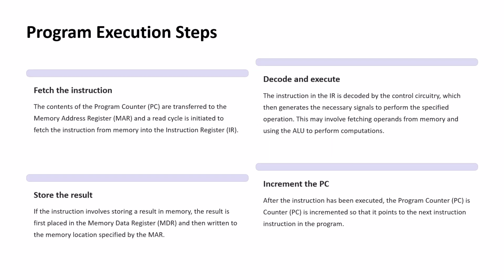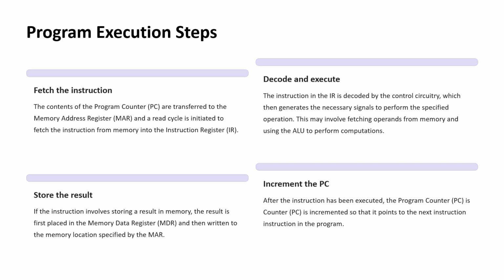Program execution steps. Program execution follows four main steps. The first step is fetch, next is decode, third is execute, and fourth is store. First step, fetch. The program counter sends the address to the memory address register, and the instruction is fetched into the instruction register. Decode. The control unit interprets the instruction.